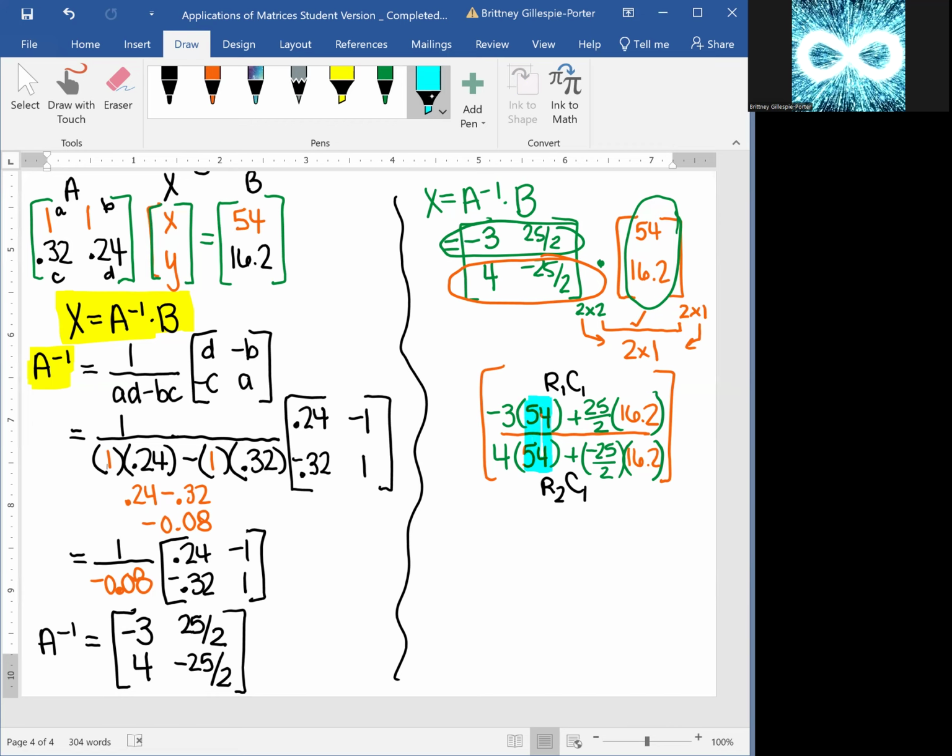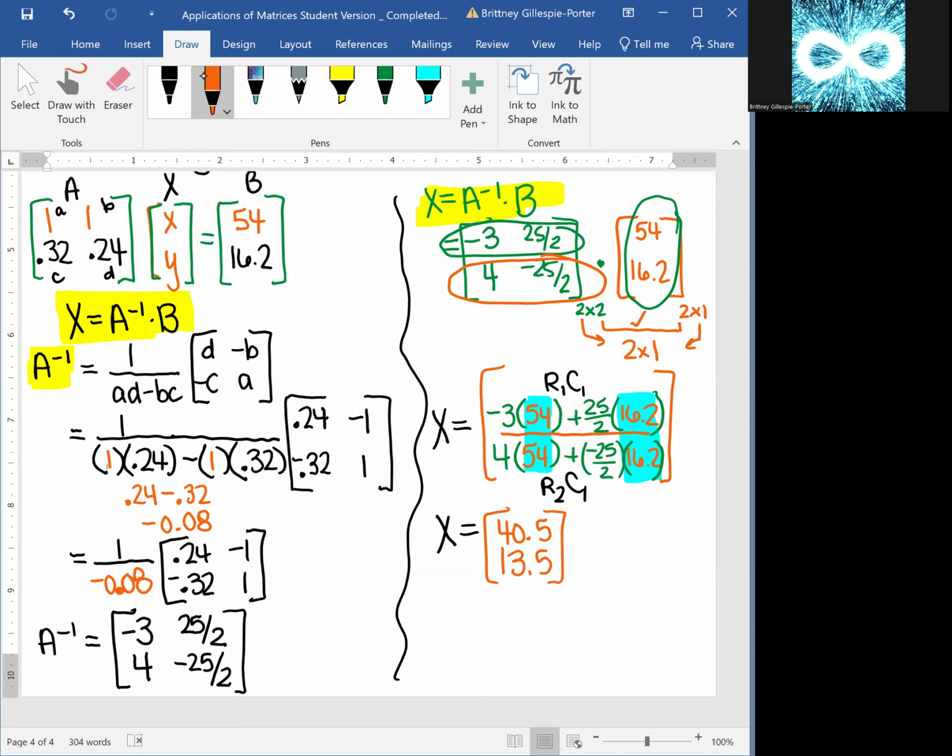So my 54s are the same and my 16.2s are the same. It's a way to double check that you're doing the multiplication correctly. Okay. And then when we go ahead and solve this in our calculators, we get 40.5 up top, 13.5 in the bottom.